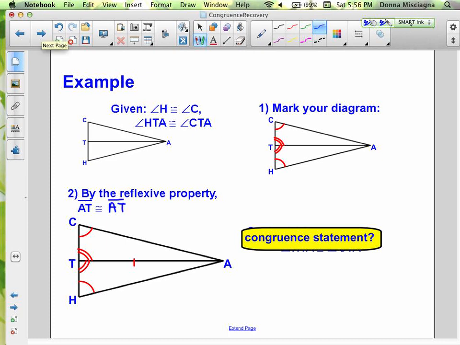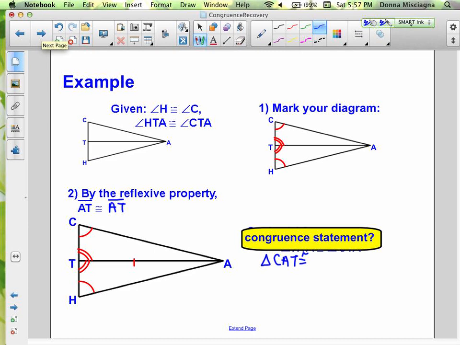Now, a congruence statement. So now we can match up the congruent triangles. We can call the first one CAT. So triangle CAT is congruent to triangle... we've got to match up the corresponding parts, right?